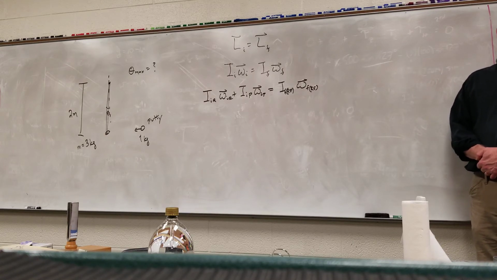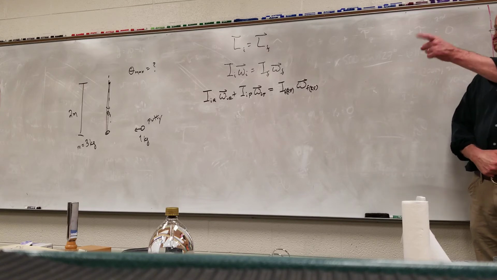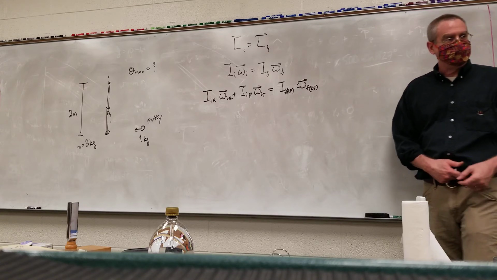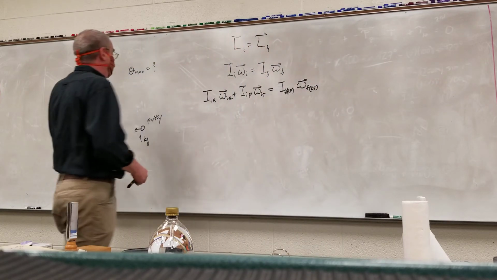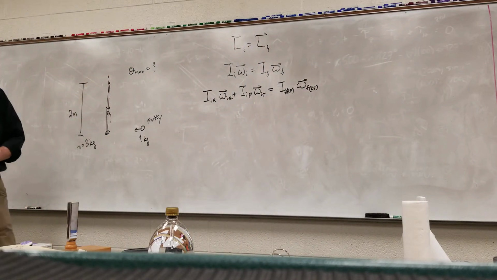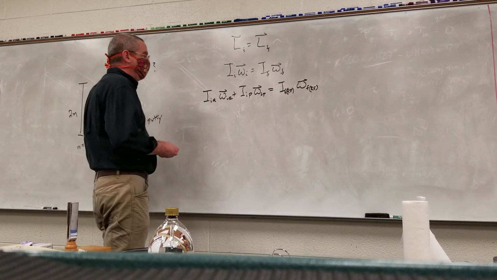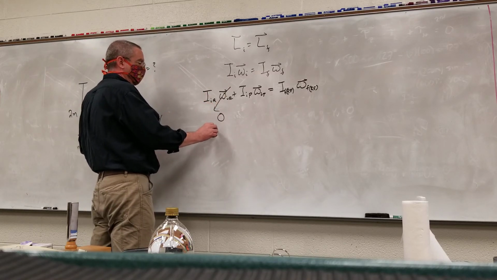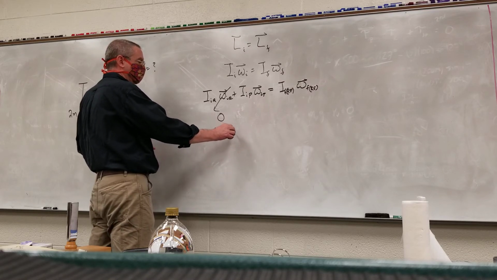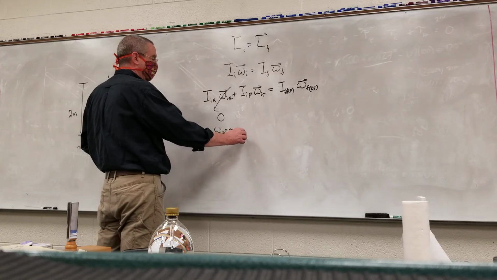The rod is just sitting right there. The putty actually does have an angular velocity about this point right here, so we have to figure out how to find that. But this term is 0 because omega initial of the rod is 0 radians per second.